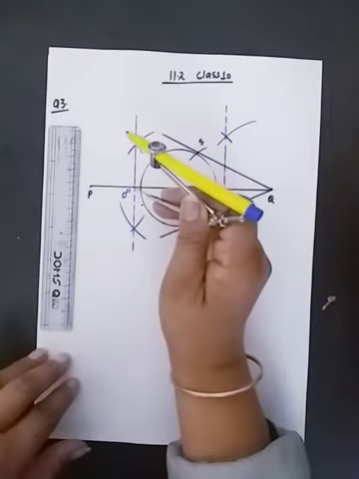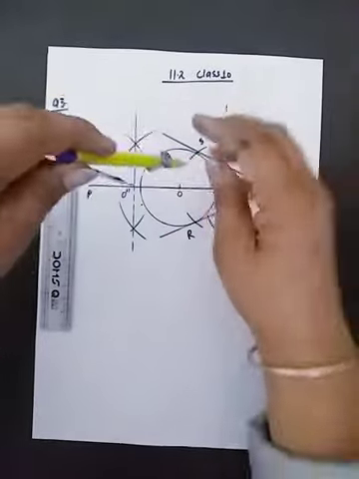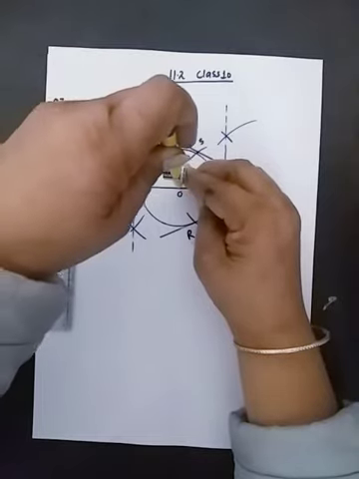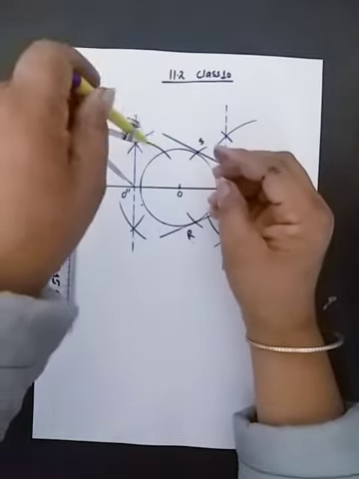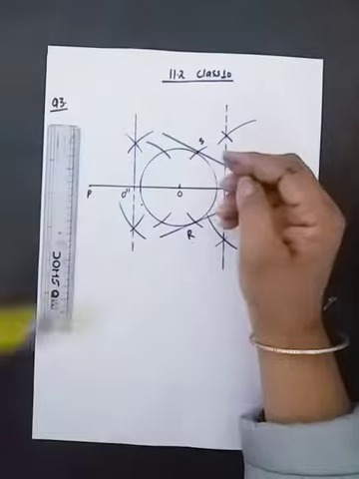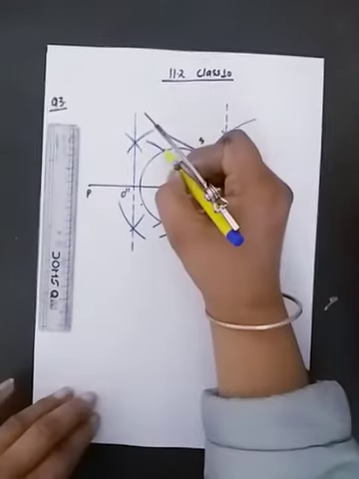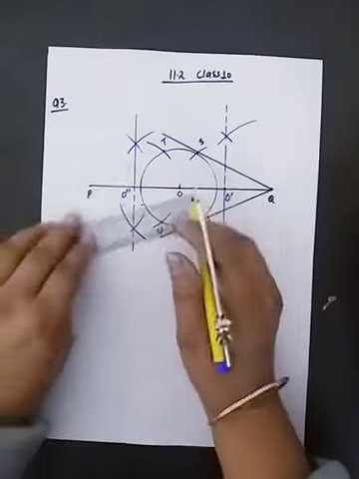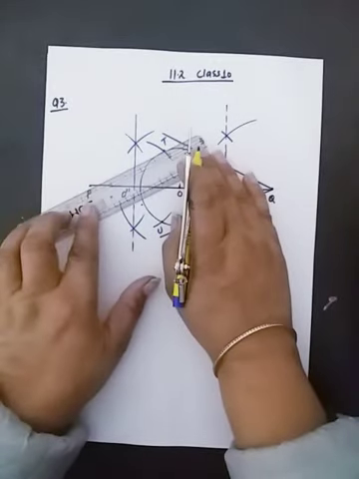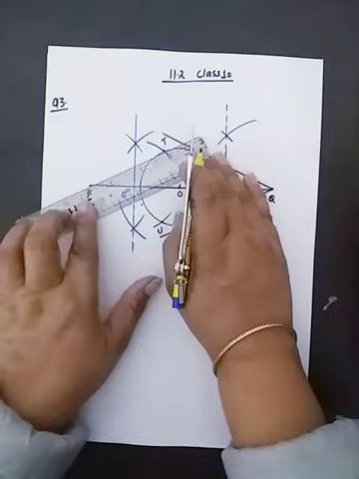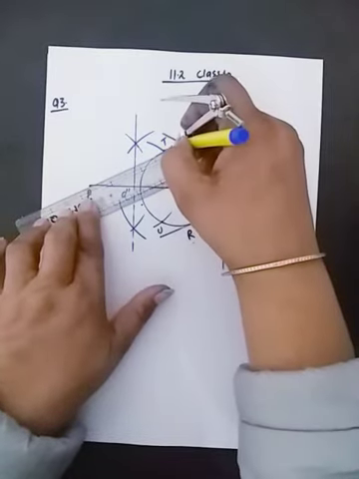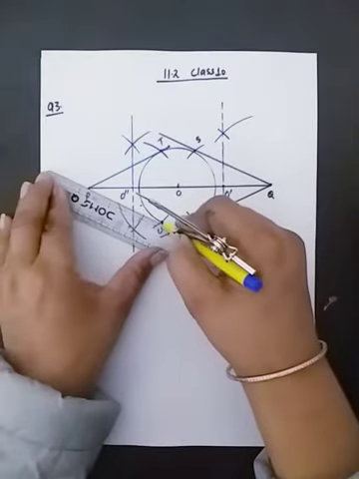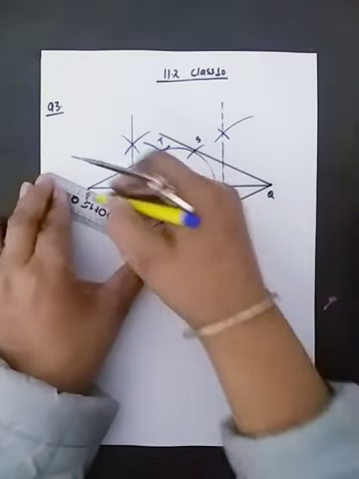Now taking O double dash as center and O double dash O as radius, we have to mark two arcs on our circle. So PT and this point is U. So PT and PU are the tangents from point P. Let us join P to U.